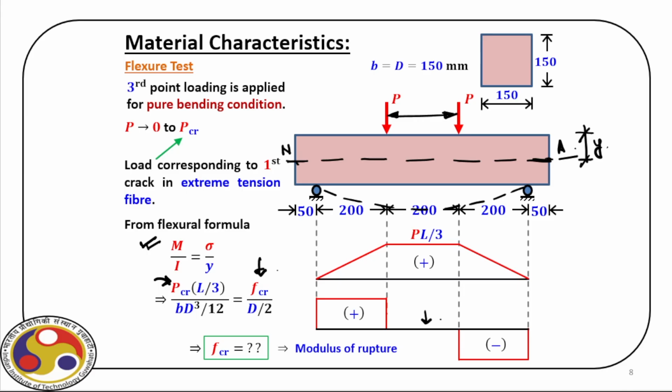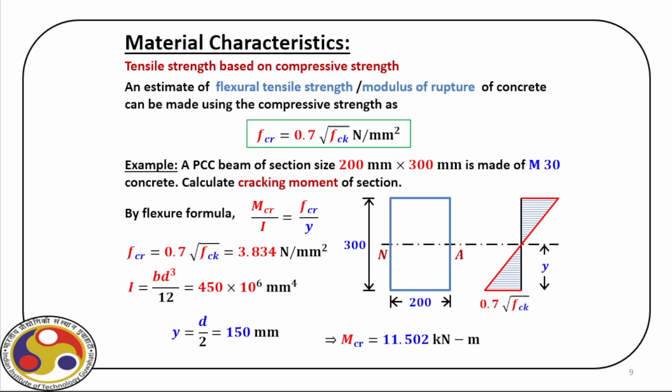Now, with that background, let us quickly take an example of how we actually use the block diagram to find out the stress profile. So what we have here is, again, the tensile strength based on compressive strength is given by this formula. It is 0.7 times square root of fck, Newton per millimeter square. Now, if we consider a beam of size say 200 millimeter by 300 millimeter, made of M20 concrete, then if we need to calculate the cracking moment of the section, we can use this flexural formula.